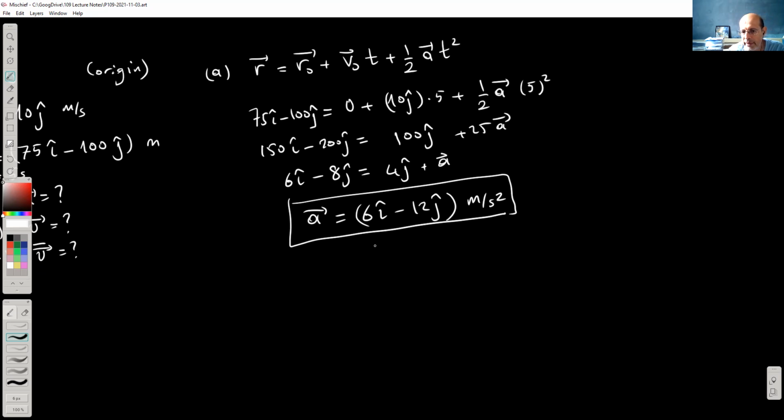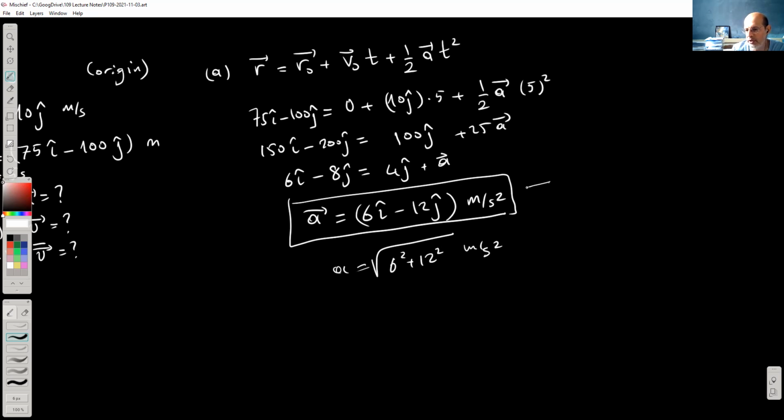In any case, when I ask for the acceleration, since acceleration is a vector quantity, I expect a vector answer. An answer like, for example, the square root of 6 squared plus 12 squared is not enough, right? That is incorrect. That only gives the magnitude of the acceleration. You have to also give the direction in here.